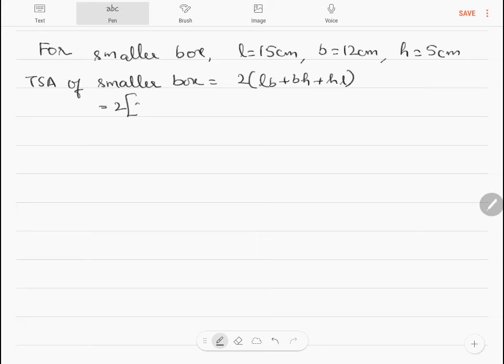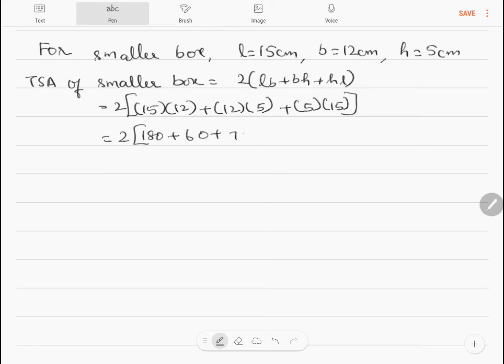Substituting the values, 15 into 12 plus 12 into 5 plus 5 into 15, 2 into (180 plus 60 plus 75), 630 centimeter square.